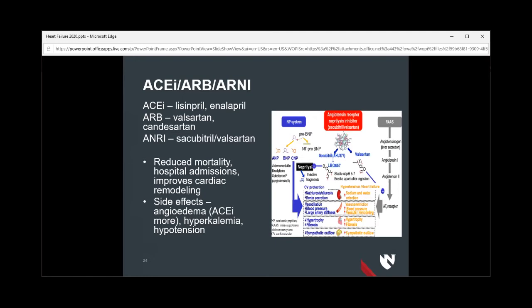So ACE inhibitors, ARBs, and ARNIs, which is the newest medication in this class, sacubitril valsartan, also known as Entresto. All of these medicines work along the renin-angiotensin-aldosterone system.